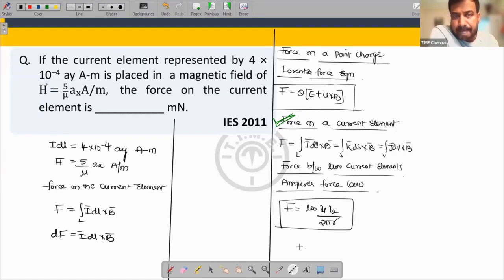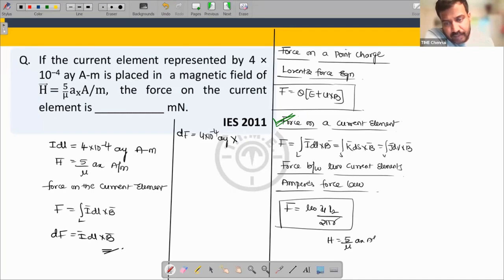So ideally, the formula is this. I want to find the dF. Given I dL is 4 into 10 power minus 4 aY, cross B. I want to find B. H is 5 by mu aX ampere per meter.